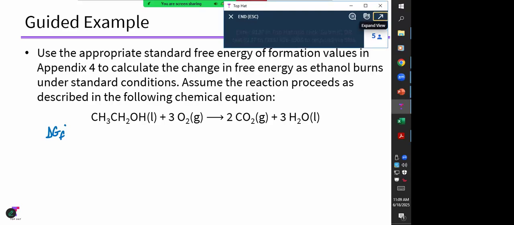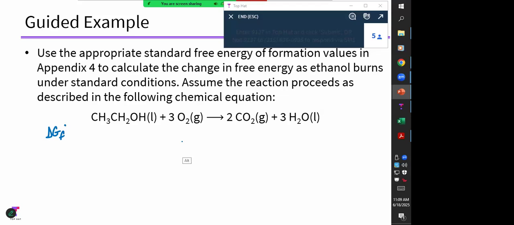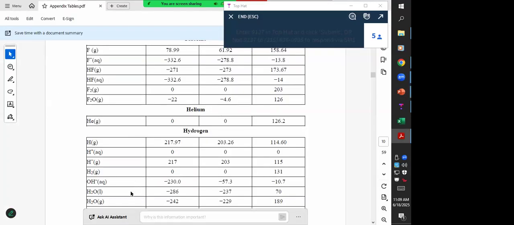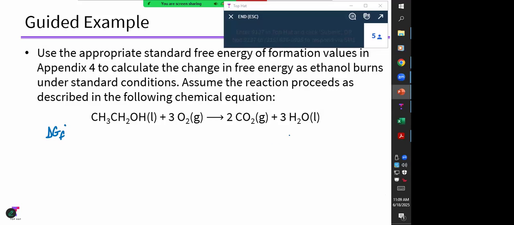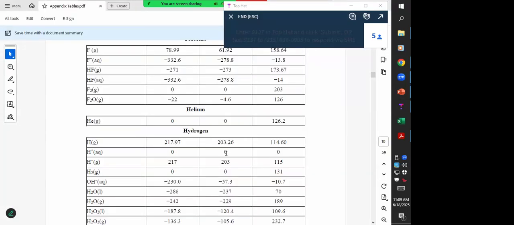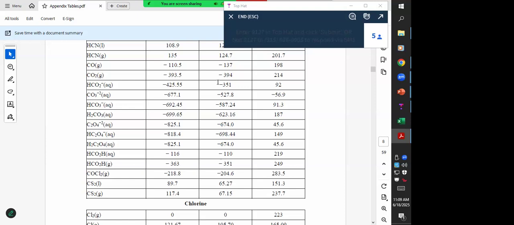So we have water in the liquid phase. That's negative 237 kilojoules. And then we have carbon dioxide. That's negative 394.